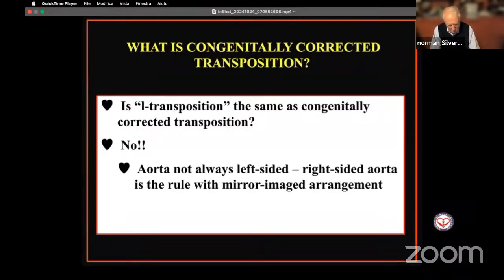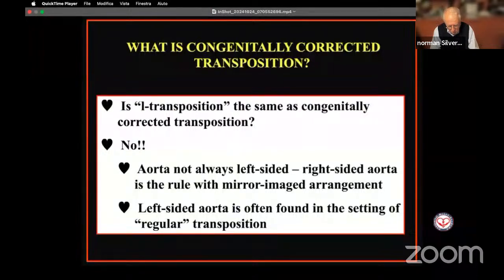Why? Because the aorta is not always left-sided when we have congenitally corrected transposition. It is usually right-sided when congenitally corrected transposition is found with mirror-imaged atrial arrangement. More importantly, we can find a left-sided aorta when we have regular transposition.